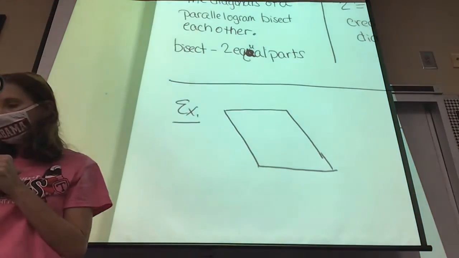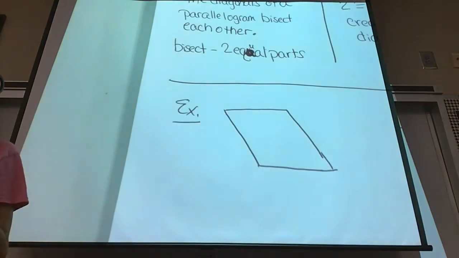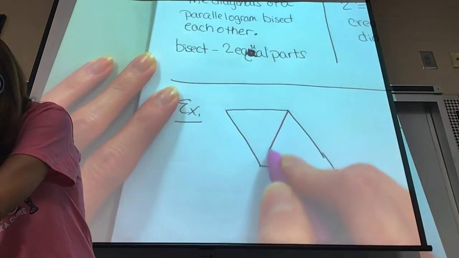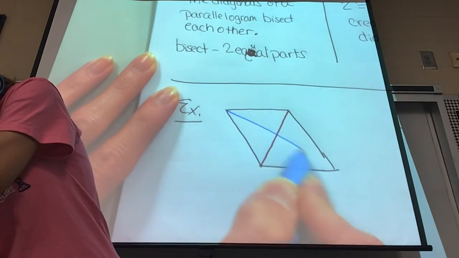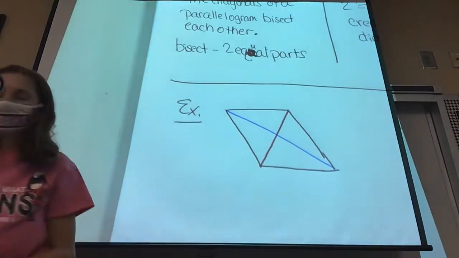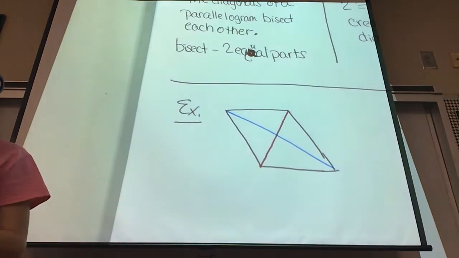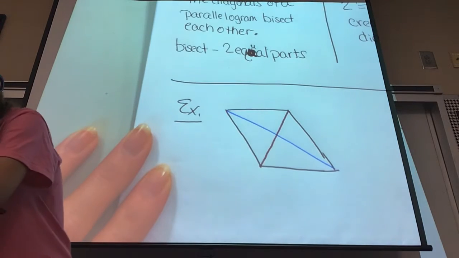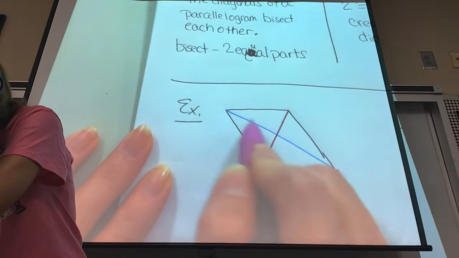So we have our parallelogram. It's going to have two diagonals, so go ahead and draw your diagonals in both directions. It should look something like this. Now, what they do tell me is that this top blue piece right here is 3x.